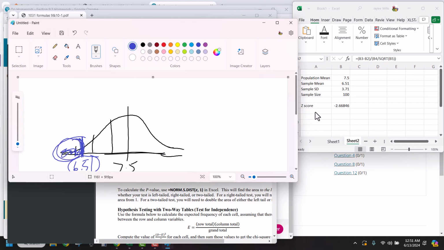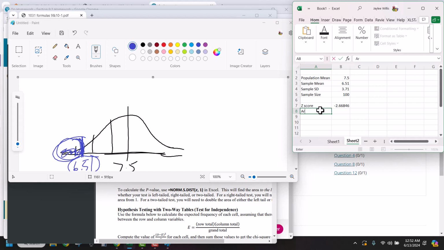And this is where we can use our norm.dist calculation that we used last week. So I'm going to say that this is the area less than the z-score. To use that formula again, we just type in norm.s.dist, and then we select the z-score and say true. Or you can also put in the number 1. Either way, it will still work.